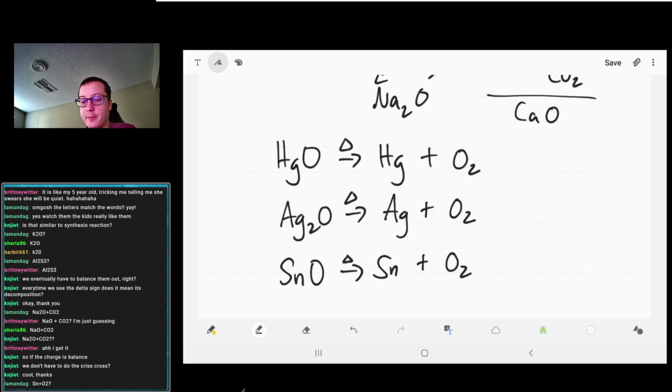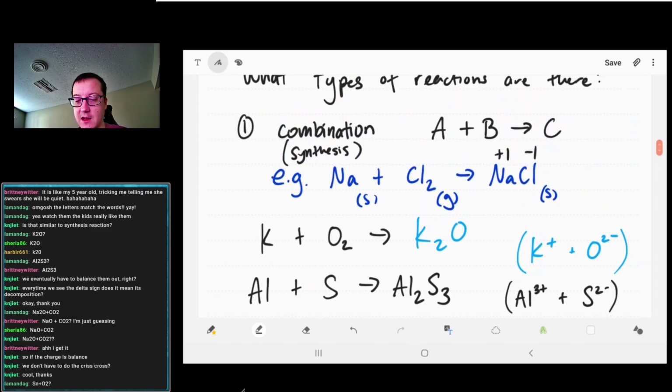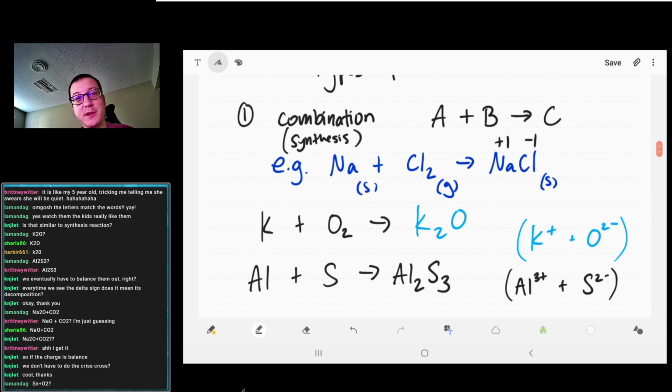So just to clarify here, I will either ask you to predict the products of a reaction or to simply identify the type of reaction. For synthesis reactions, going back up, I can ask you to predict the products of something like this, where it's an ionic compound that's going to be formed.